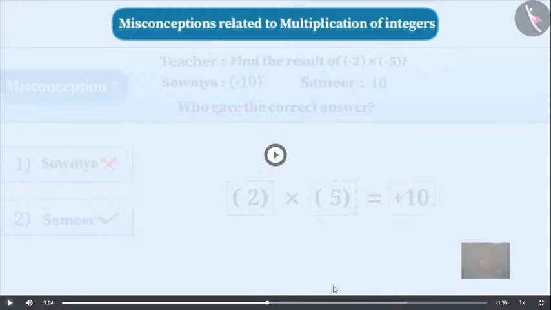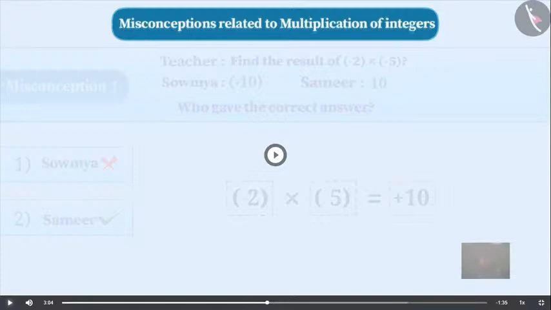Negative multiplied by negative. What we are actually doing, see, when we multiply negative by positive, we are adding negative positive times. So we are increasing negative, like minus 3 multiplied by 4.